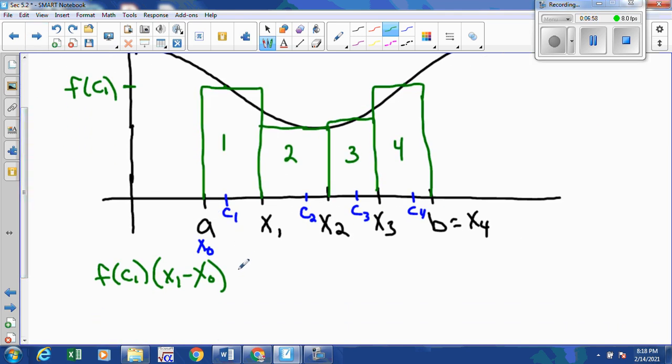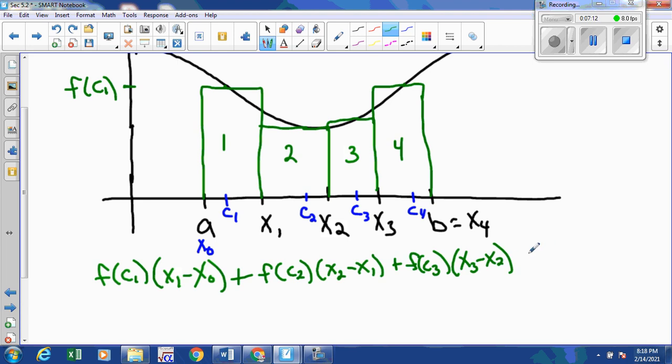Then for our second subinterval, it would be f of c2 times x2 minus x1, f of c3 times x3 minus x2, and then f of c4 times x4 minus x3. So there would be all of these rectangles.